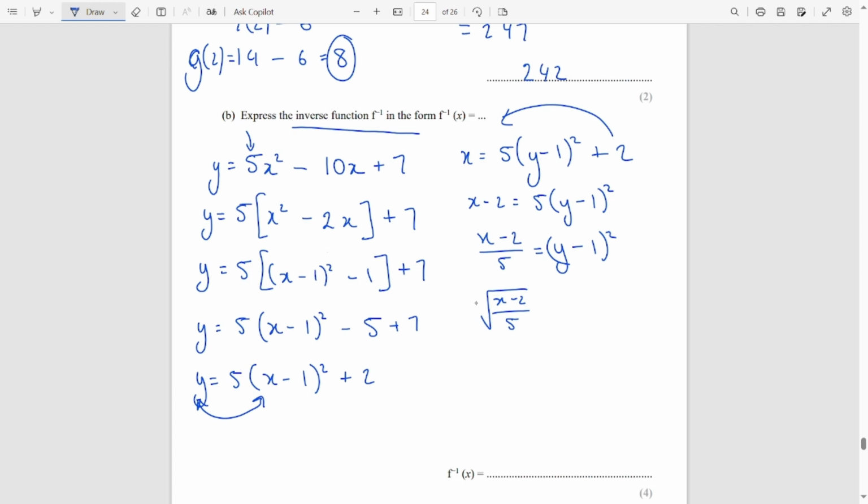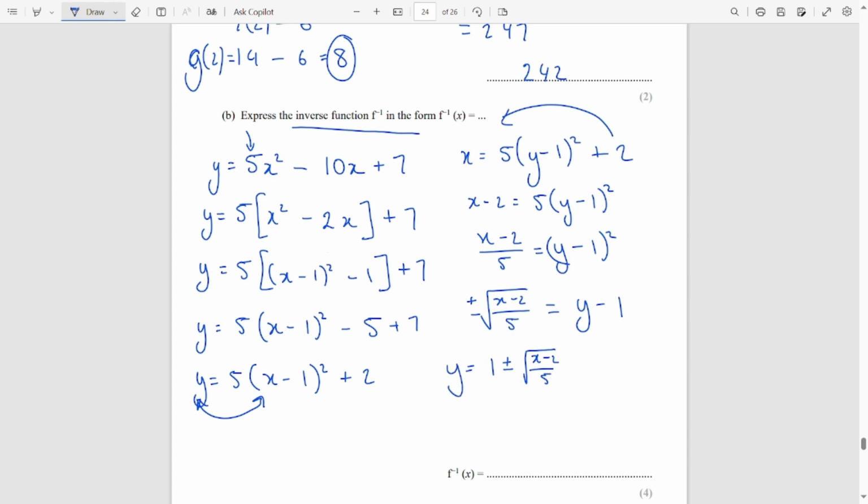And remember, when you take a root of something, you have two solutions, one positive and one negative. Now this is equal to y minus 1. And then lastly, I'm going to add 1 onto the side. So I have 1 plus minus the root of x minus 2 all over 5. And this thing here now is all equal to y.